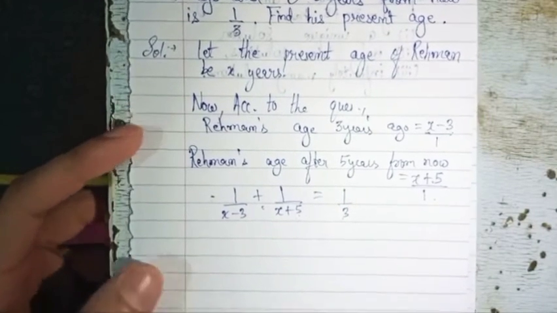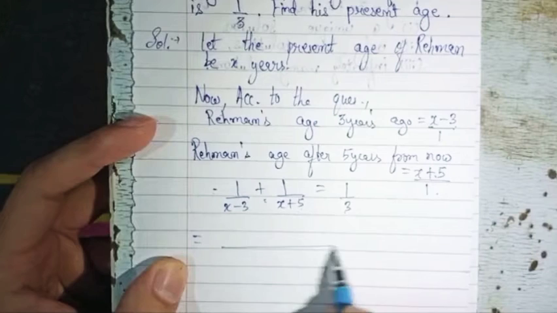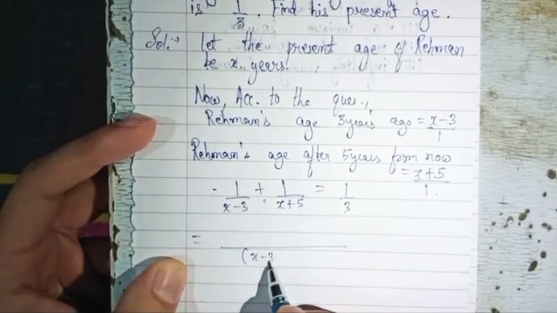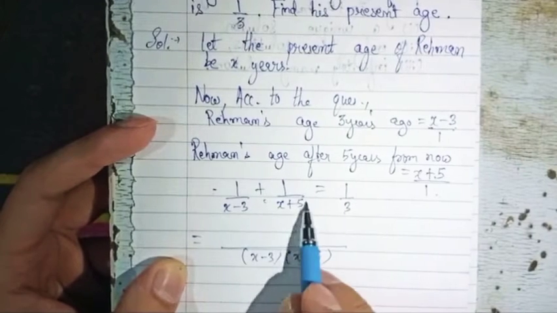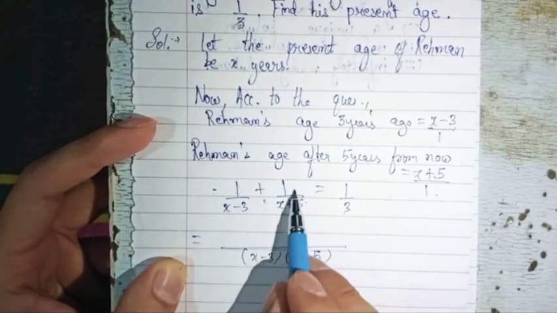Now solving the equation, taking the LCM, so x minus 3 multiplied with x plus 5. Then x plus 5 will multiply here and x minus 3 will multiply here.